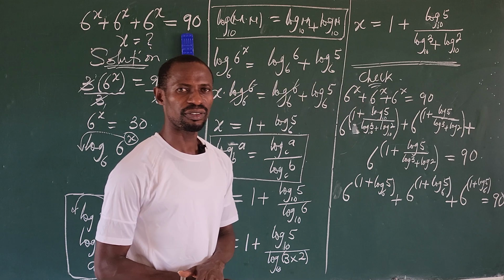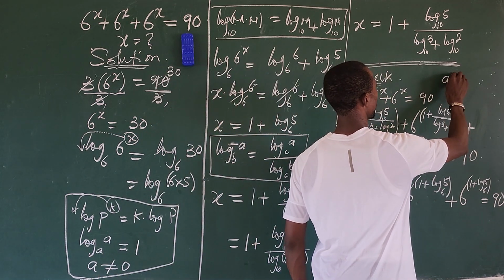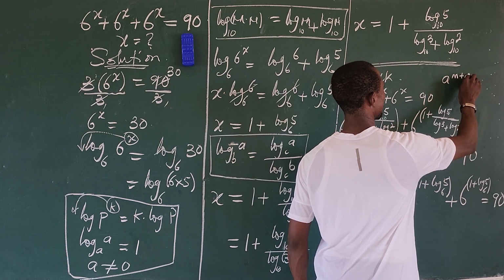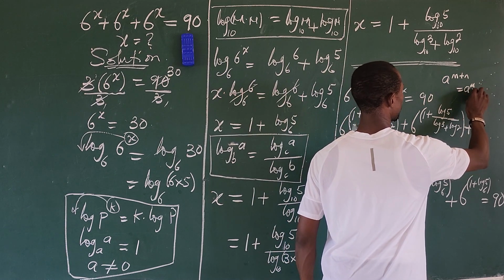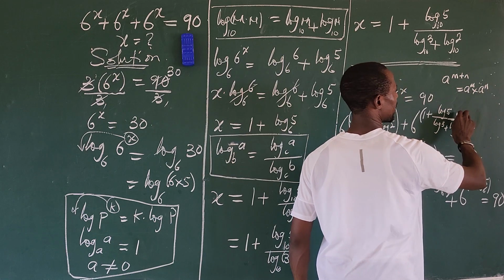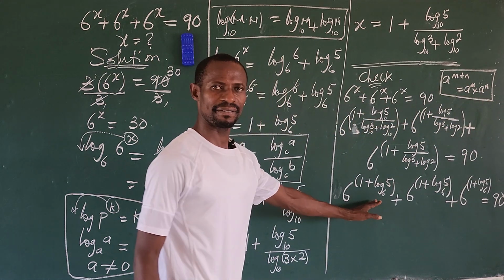Okay, so with what we have there now, what happened? According to the law of indices, it says that if you have a to the power of m plus n, this is equal to a to the power of m times a to the power of n. So if we apply this, we can rewrite everything here.